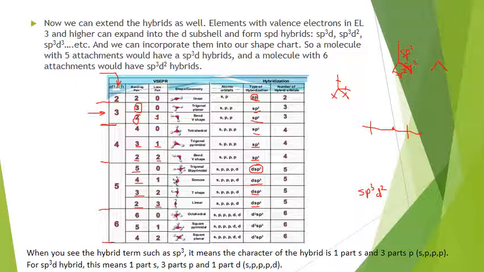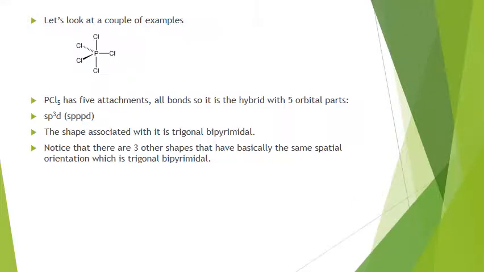So for sp3d, if you look down here, it means that it's 1 part s, 3 parts p, and 1 part d. All right, so let's look at a couple examples of these expanded types of orbitals in octets.